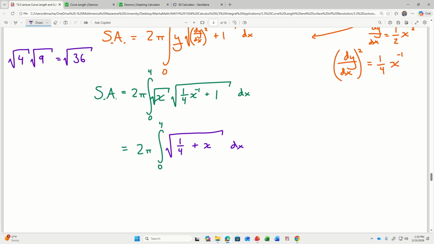How do I solve this antiderivative? Do you know what strategy we should use? Do we just split it up? Oh, no, we can't. You can't split up a radical like that.